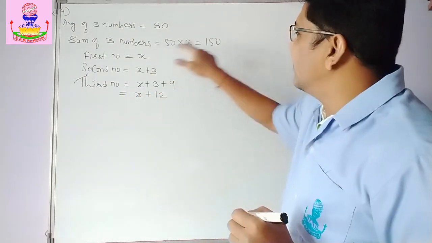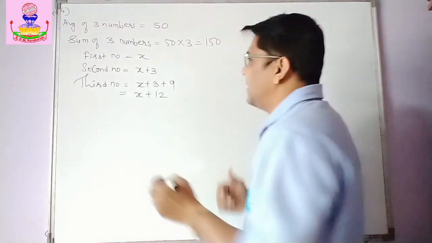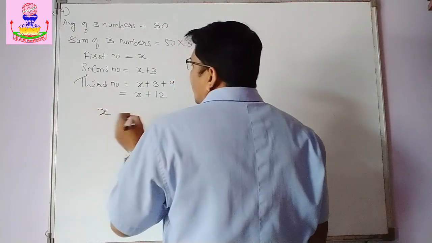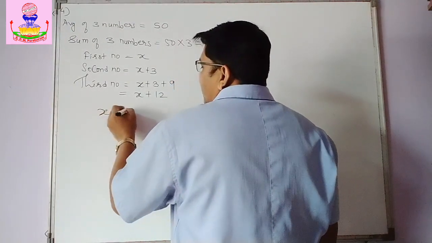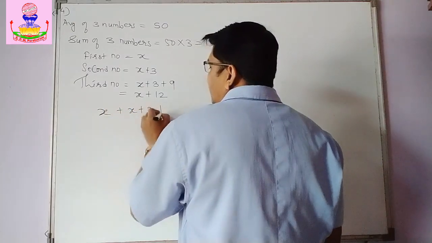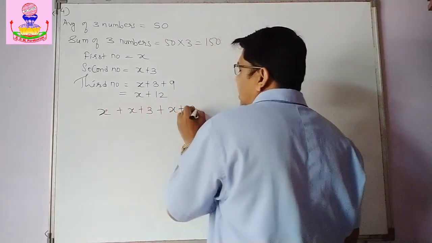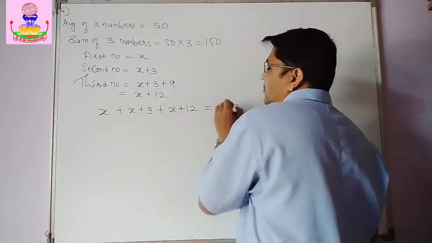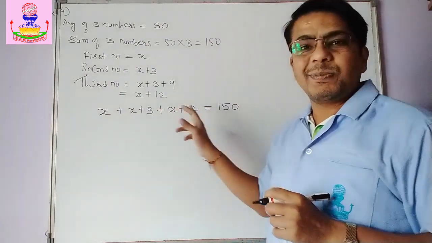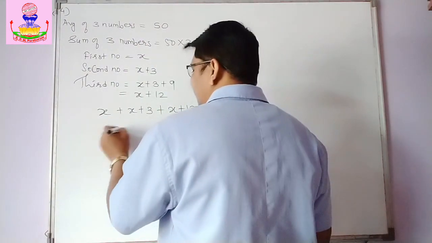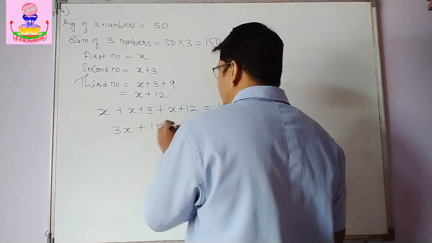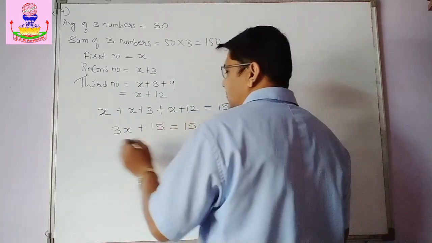Now, the sum of all these numbers is equivalent to 150. So x plus x plus 3 plus x plus 12 is equal to 150. So x plus x plus x is 3x, and 12 plus 3 is 15. That is equal to 150.